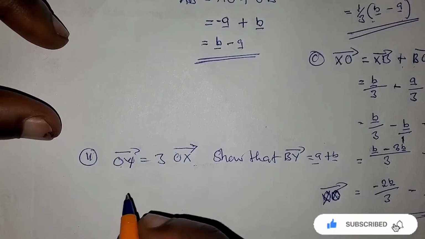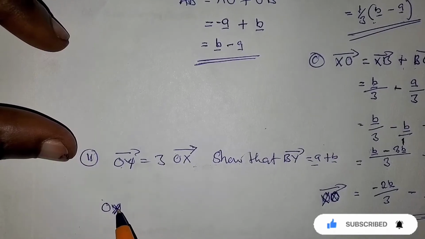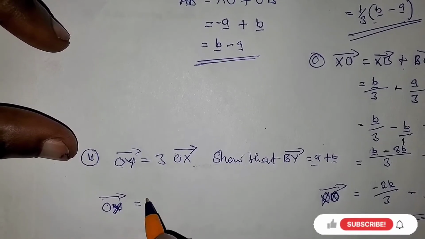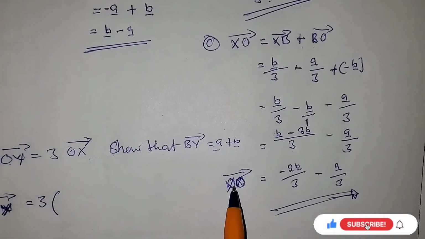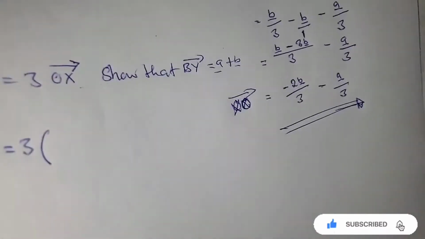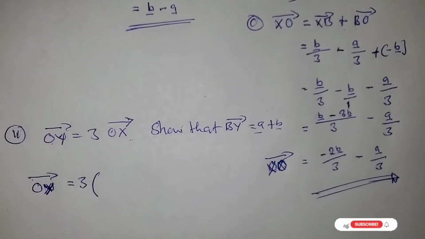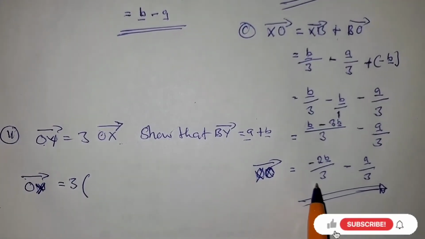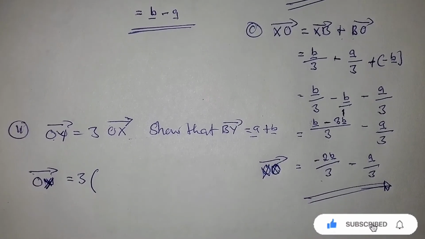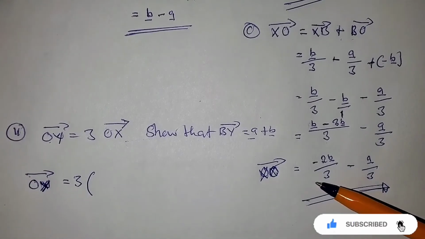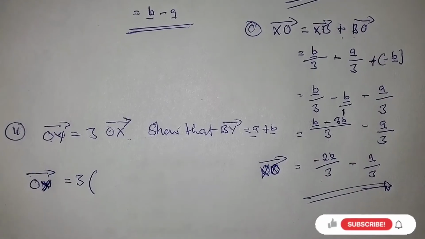So we're going to say OY is equal to 3 times OX. What is OX? OX we've already calculated here. Oh yeah, it is OX, so it is the opposite of this. Showing that it is the opposite of this, we are going to multiply this one by negative.